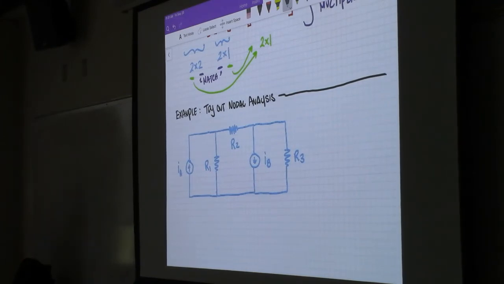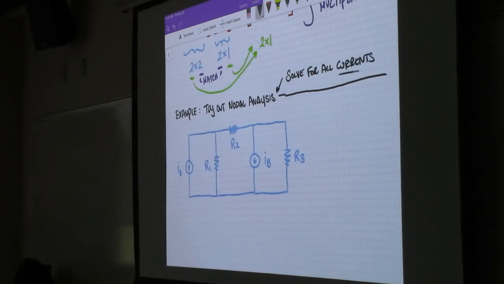Okay, so the goal here is to, and it's not explicitly written, solve for all currents and voltages.